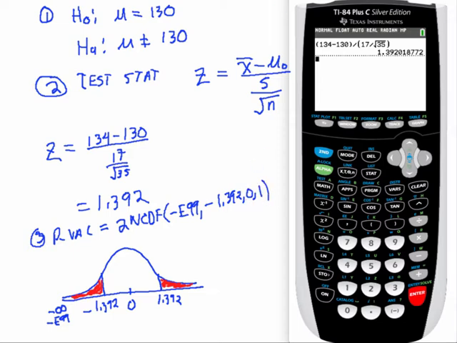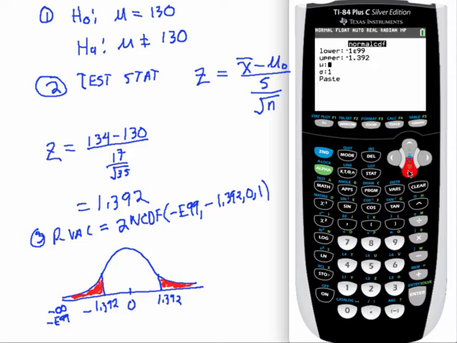Okay, so let's go ahead and do that calculation. It's going to go 2, and then we'll go second distributions, normal CDF, which is option number 2. We'll put in negative 1 second E99. That's my lower bound. My upper bound is negative 1.392.